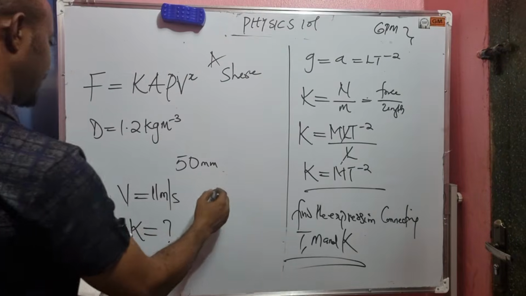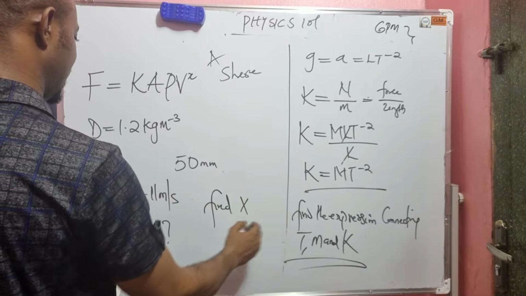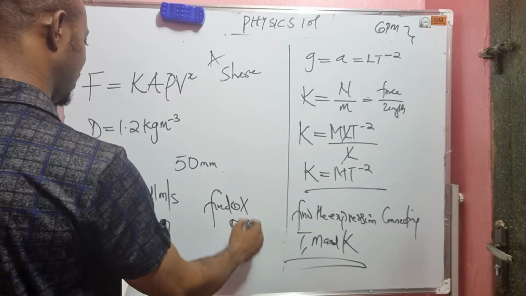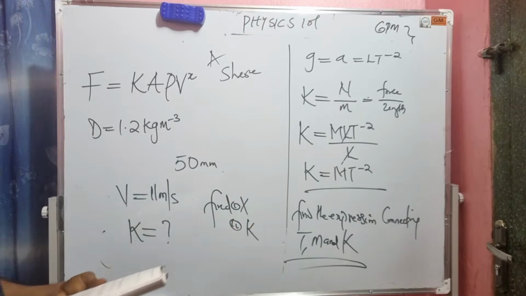The first question said find x. Number 2 said find the value of k. Let me repeat my dictation again.